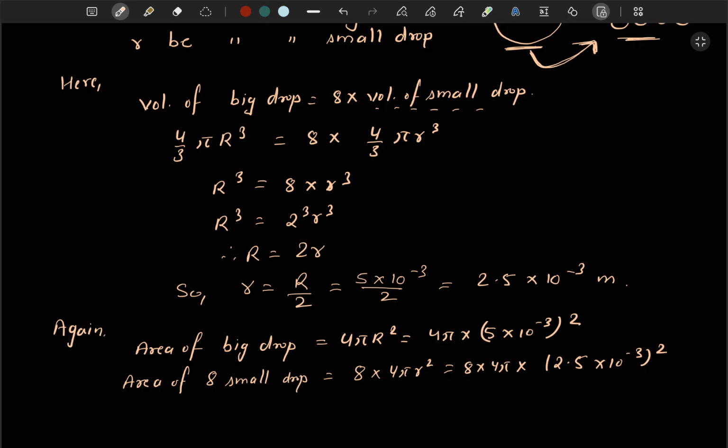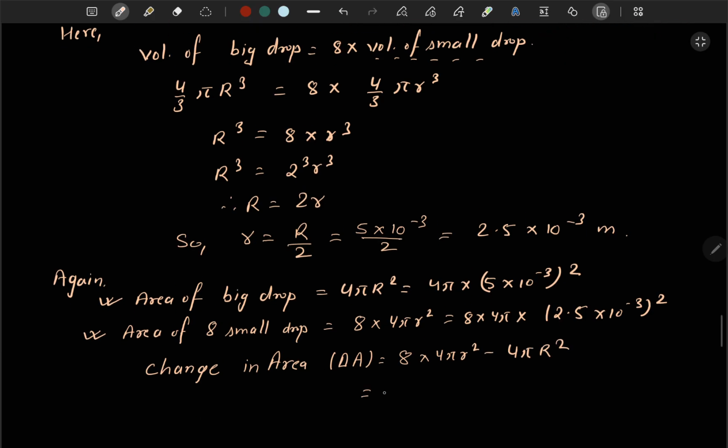Now we will subtract them. Obviously this is the bigger area, this is the smaller area. We will subtract them to calculate the change in area, that is del A is equal to 8 into 4 pi r square minus 4 pi bigger R square.